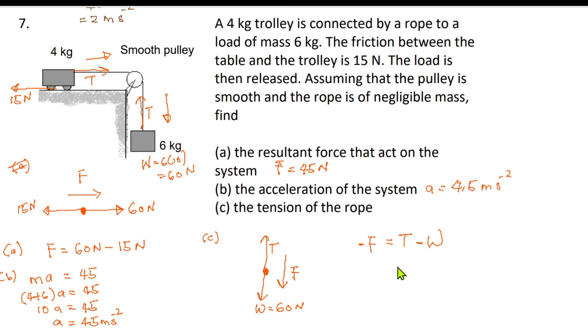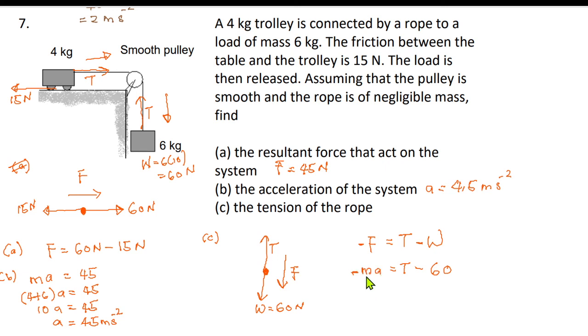Now T is what we want to find out. W is 60 Newton. What about F? F equals MA, remember? So I simply write here negative MA.